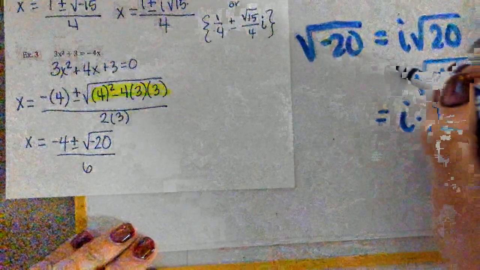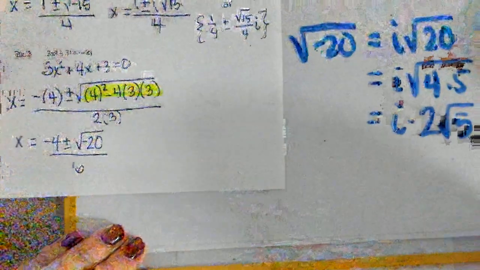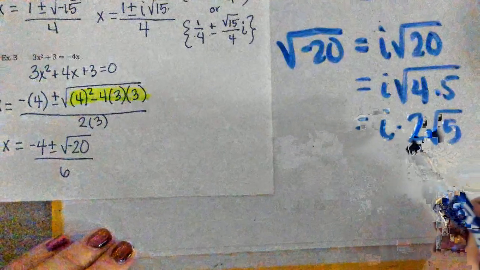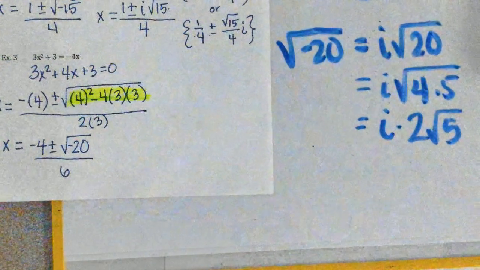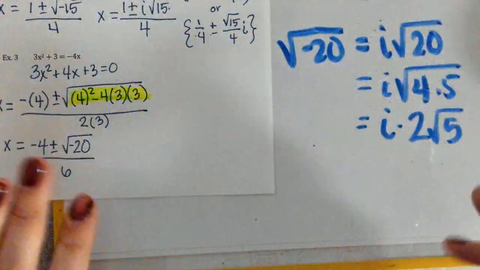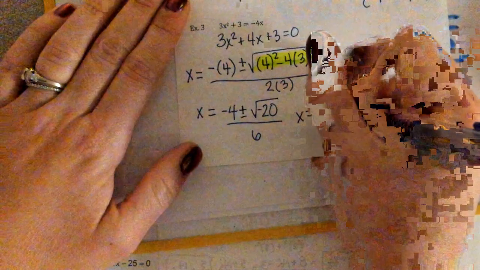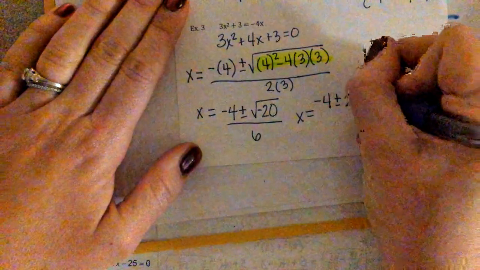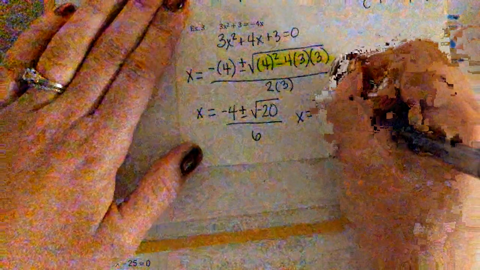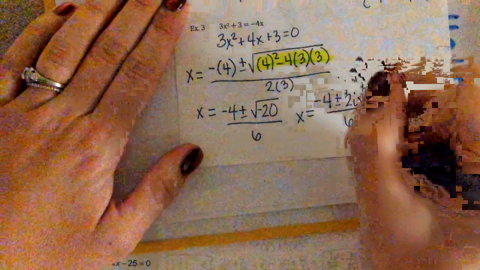So then, where does the i go? To the right of the 2, in front of the square root, in between. Yes, that's where the i goes. So we're going to have x equals negative 4 plus or minus 2i square root 5, all over 6.